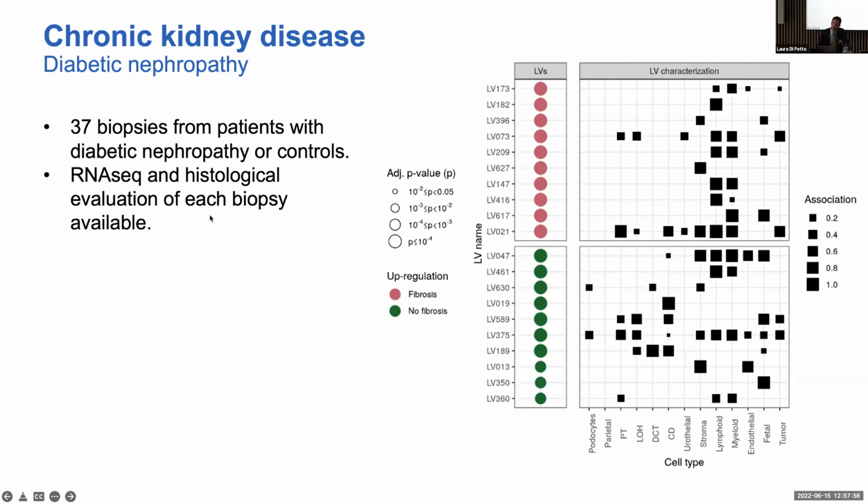We applied K-CLIER, and we correlated which latent variables are associated with fibrosis or no fibrosis. And as you can see here, many latent variables were associated with fibrosis. You can analyze this in detail to see which cell types are associated with the latent variables. We'll just pick up a few examples to give you an idea.